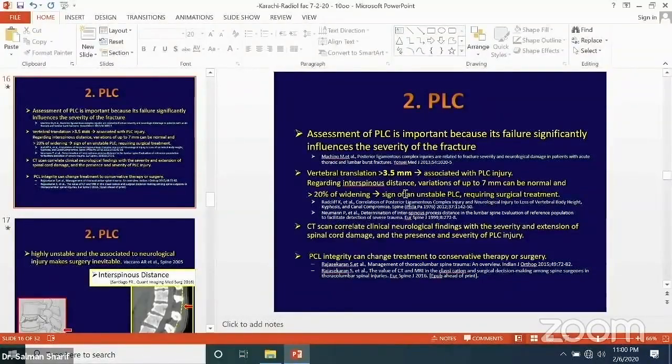Do we need it? We just say assessment, because how you assess it you leave open, because it's very difficult to assess. Is this a criterion by somebody, 20% widening? Yes, it is a criterion. But MRI should always be done. Okay, we can vote on it.